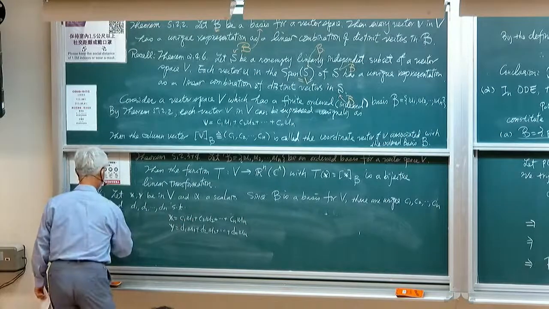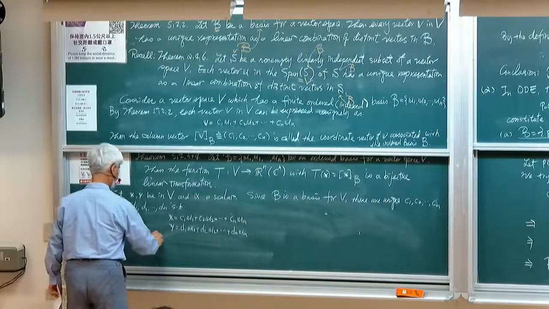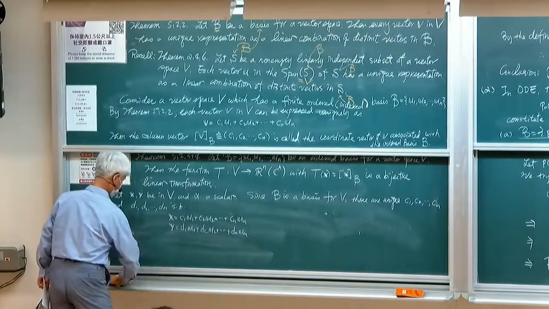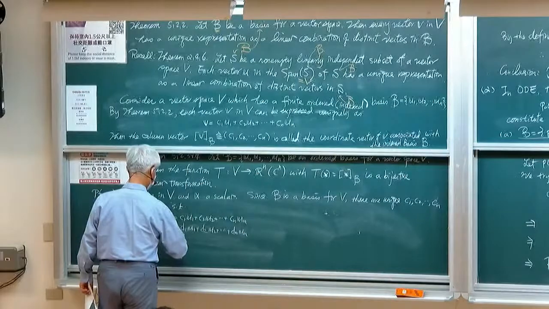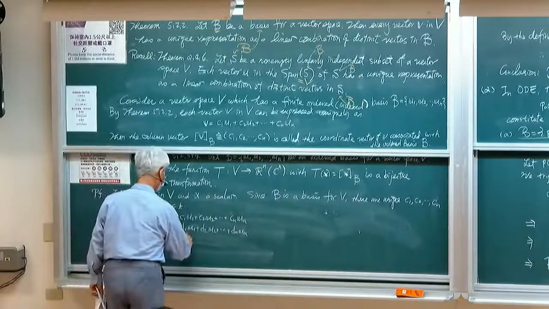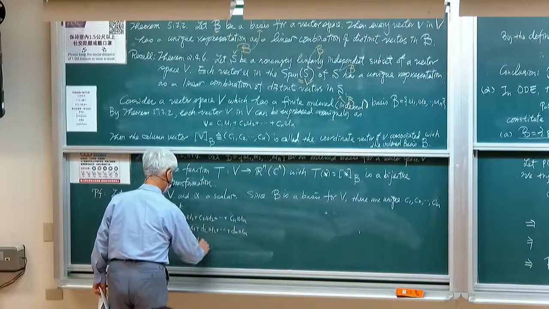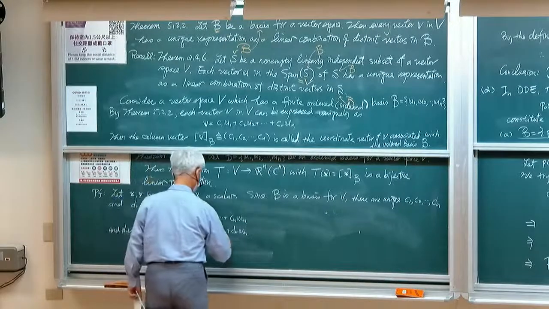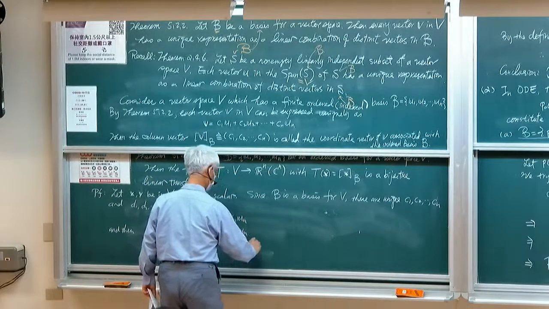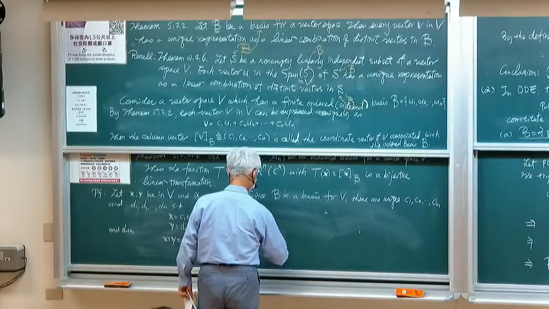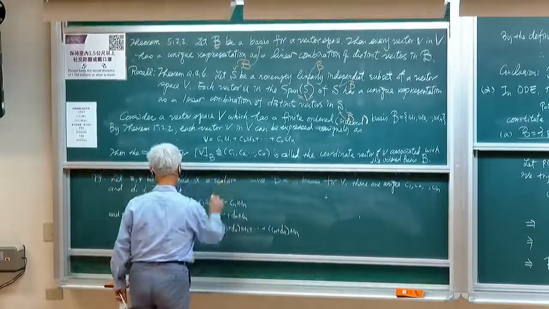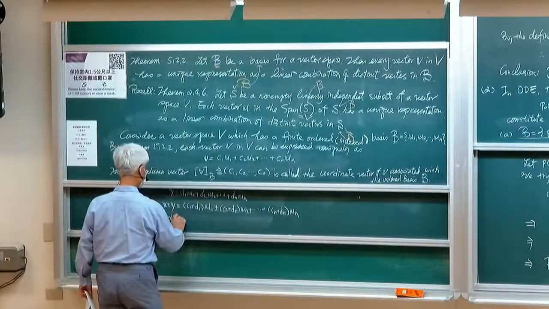And then when we add them together, we combine the like terms. So we have x plus y, and alpha x.